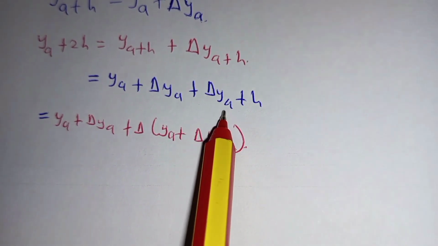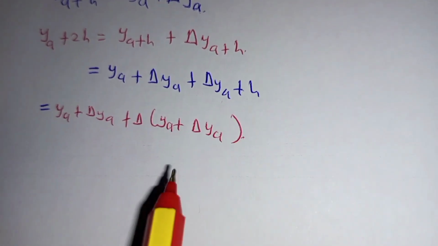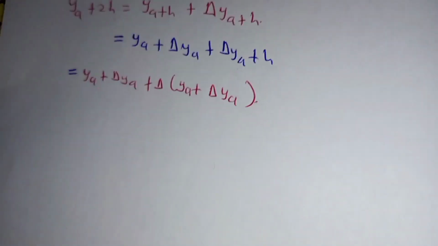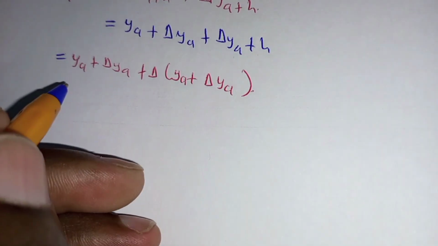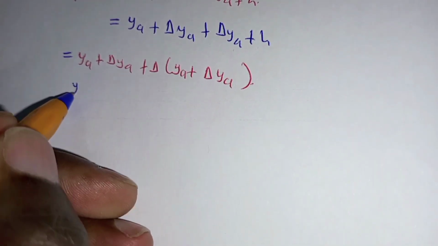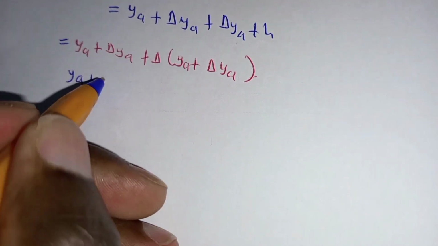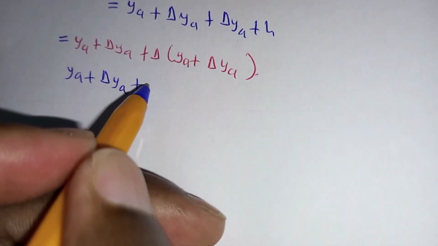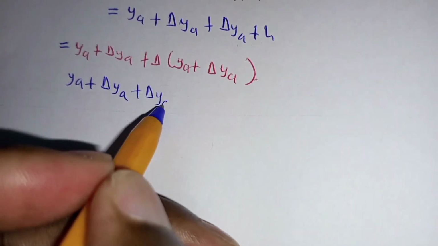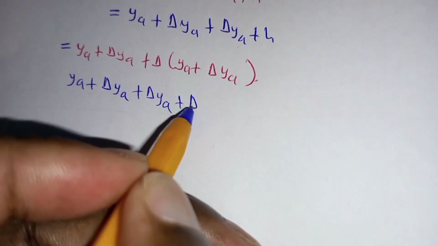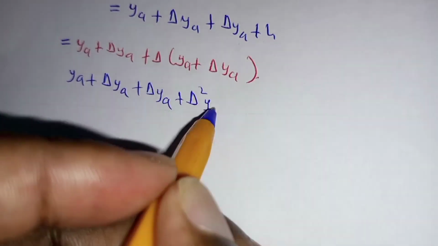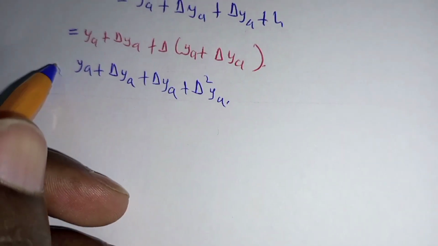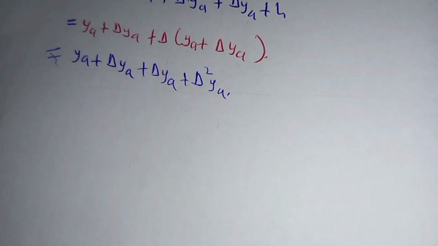Removing the bracket, we are going to have y of a plus the first difference of y of a, plus the first difference of y of a, plus the second difference of y of a.